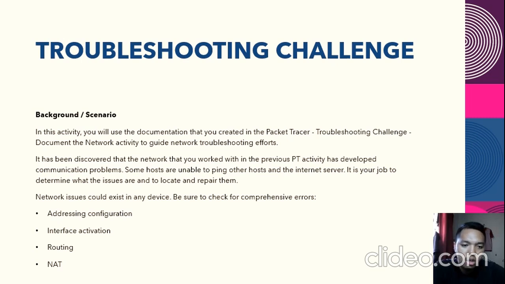And then we need to check for comprehensive errors, such as using the right addressing configuration. That means using the right IP address and then the right interface, routing protocol, and NAT, which is network address translation.